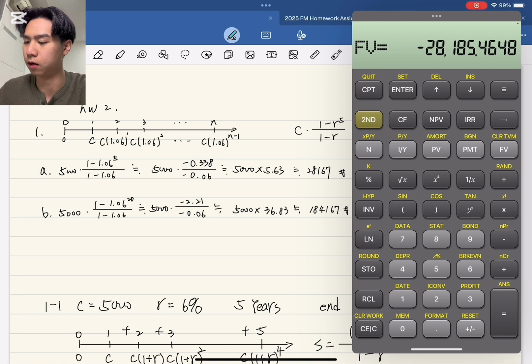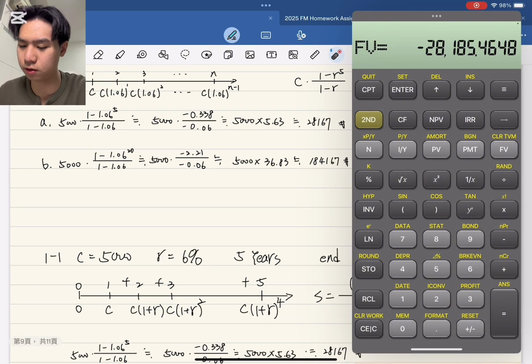So the result is 28,185. There is a little difference because we are using the traditional computation, so it is a little different.